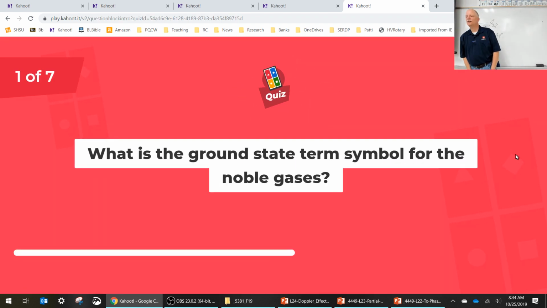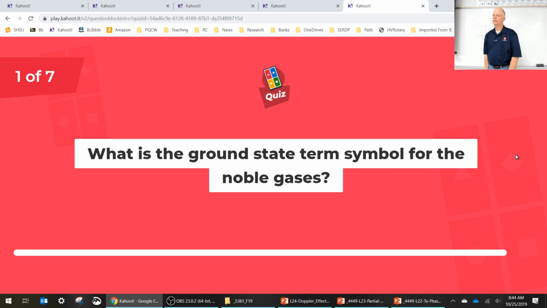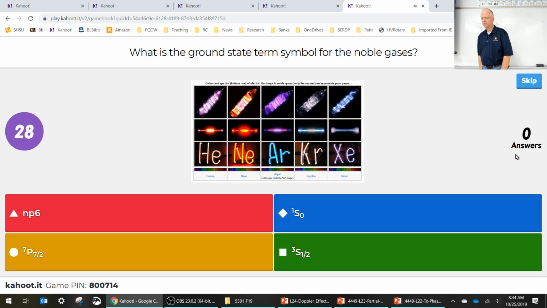What is the ground state term symbol for the noble gases? You're like, wait a minute, how can I do this so fast? But think about it. That's good though. Knocked it out. And again, since it's multiple choice, you ought to be able to eliminate some things.